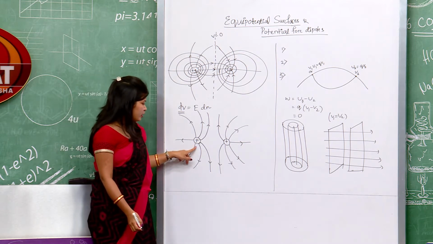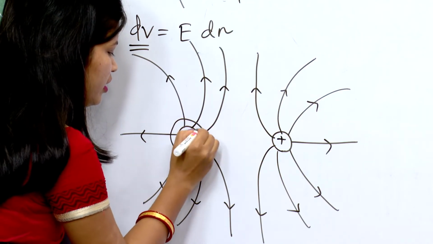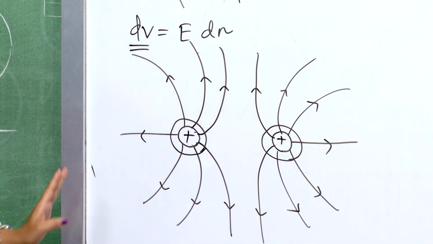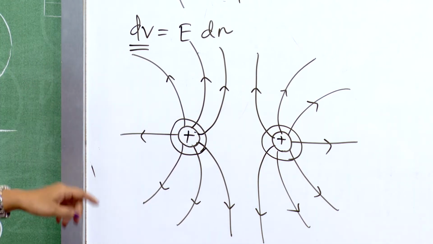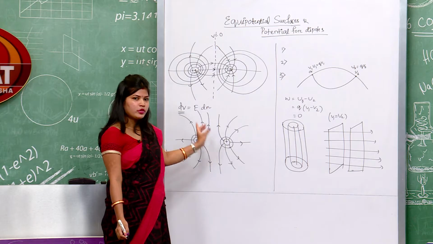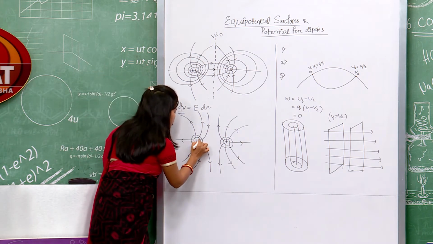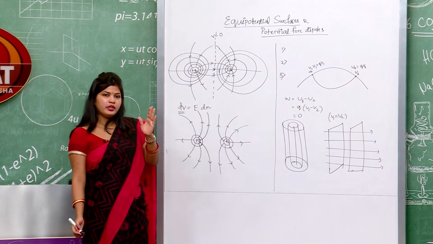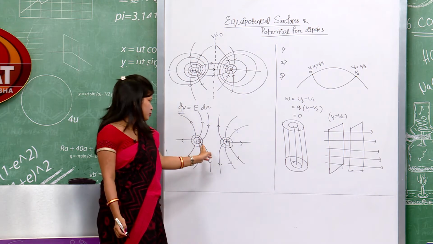See, when you are very close to this point charge, you get the perfect equipotential surfaces, that is, spherical equipotential surfaces. And when you are very far away, these two equal positive charges will seem like a single positive charge. Suppose you have +2 charge here and +2 charge here, then at very far away you will find +4 charge, +2 plus +2.